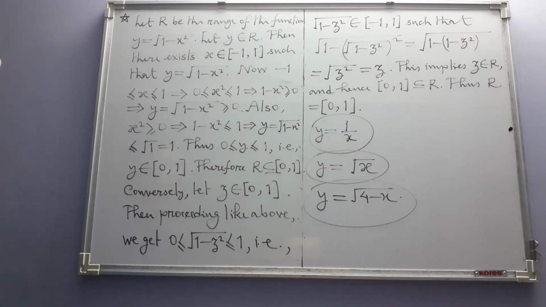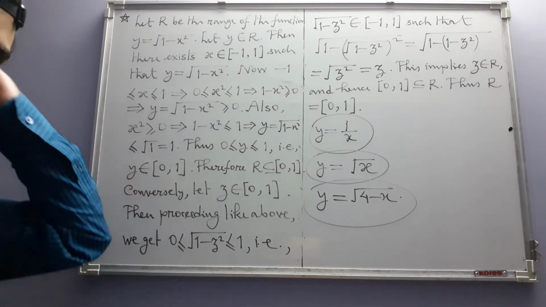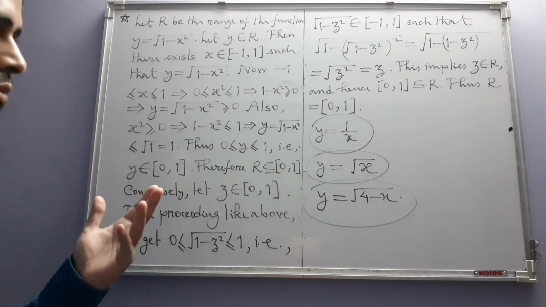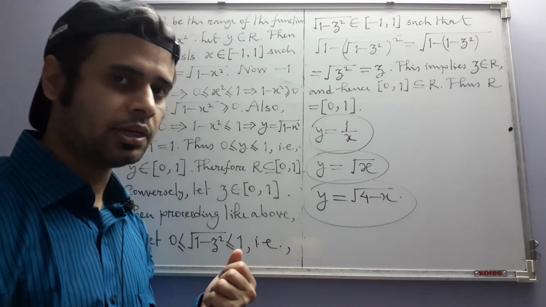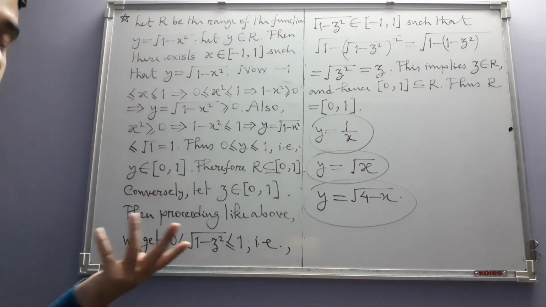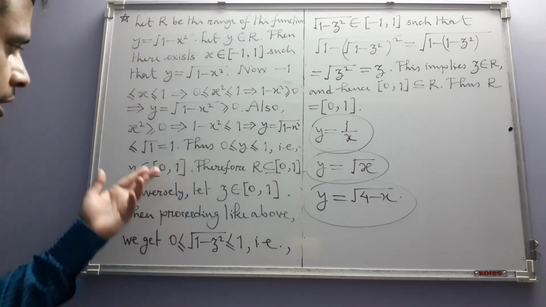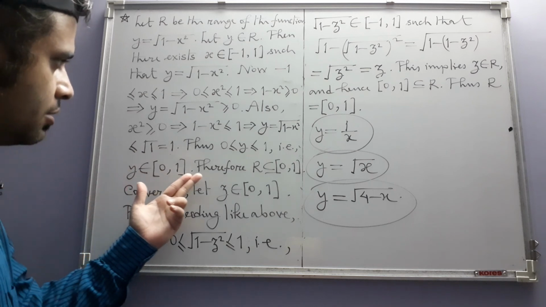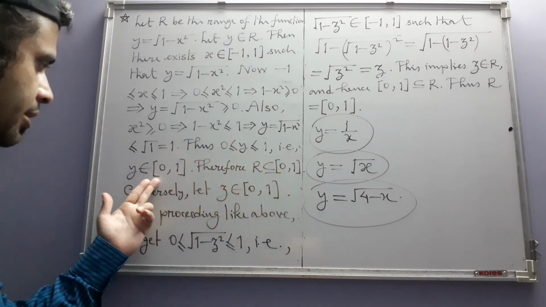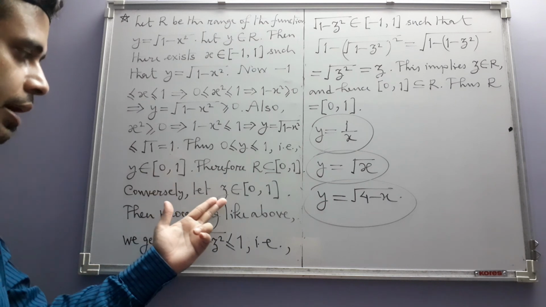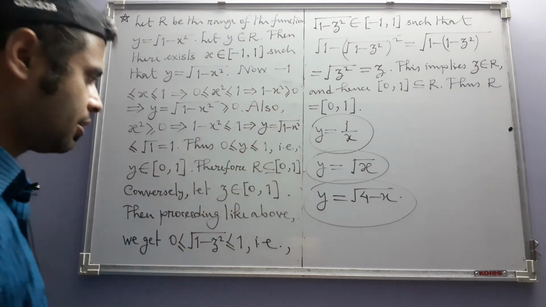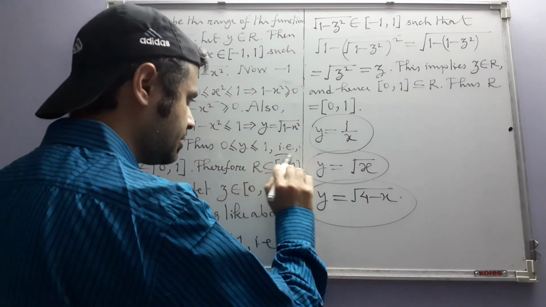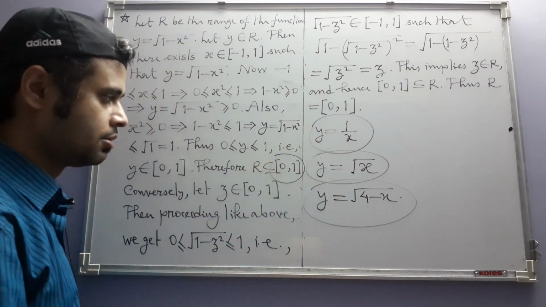You can ask me one question. Fine, the natural domain is the set of all, largest set of all possible x for which we get real y. What is the range? How to find, in fact, in this case, we simply sort of somehow know that the range is going to be this, and then we showed that that is indeed the case. But how does one guess the range in the first place?